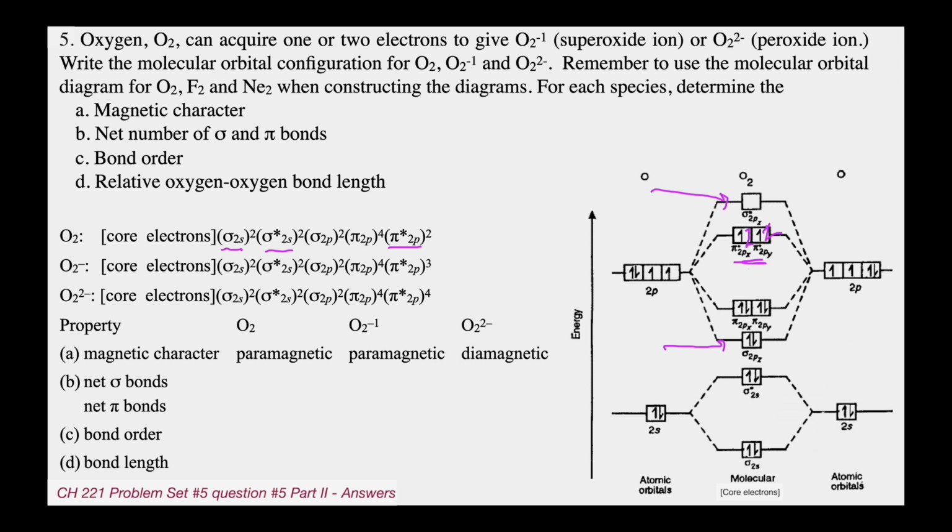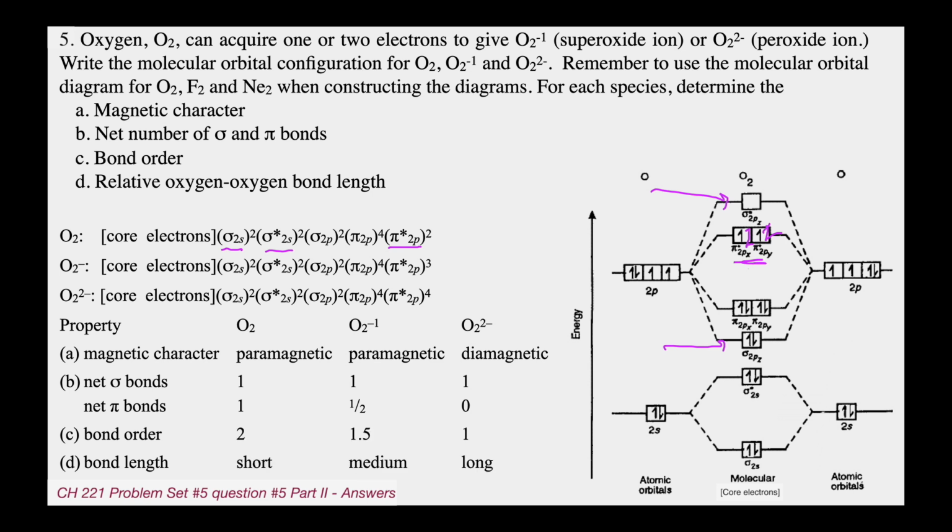So the sigma bonds won't change, but the pi bonds certainly do. So sigma bonds go 1 to 1 to 1 because we never added any sigma star electrons in these problems. But the pi bonds went from 1 to 1/2 to 0 as you added in those anti-bonding pi electrons. Pi bonds certainly changed. Bond order we saw went from a 2 for neutral O2 to 1.5 to 1.